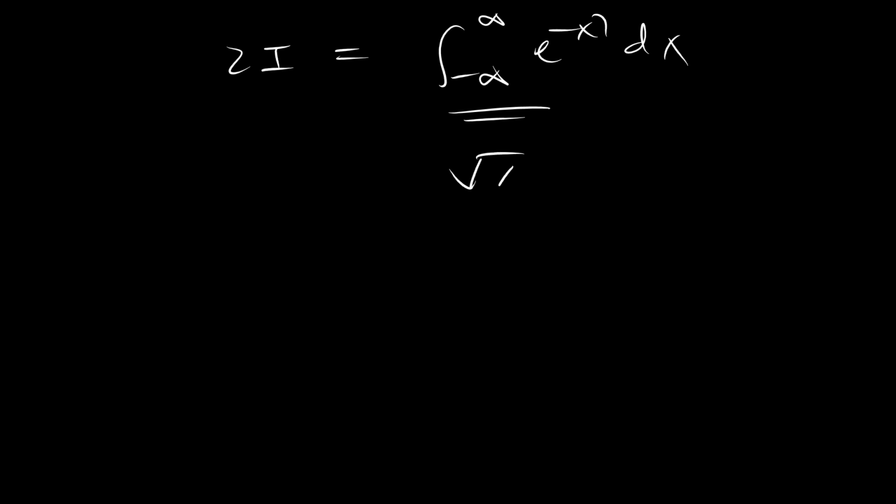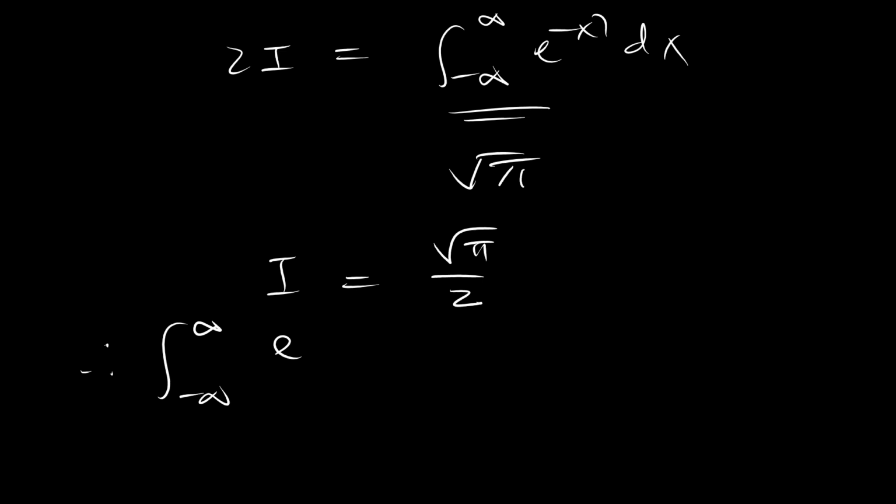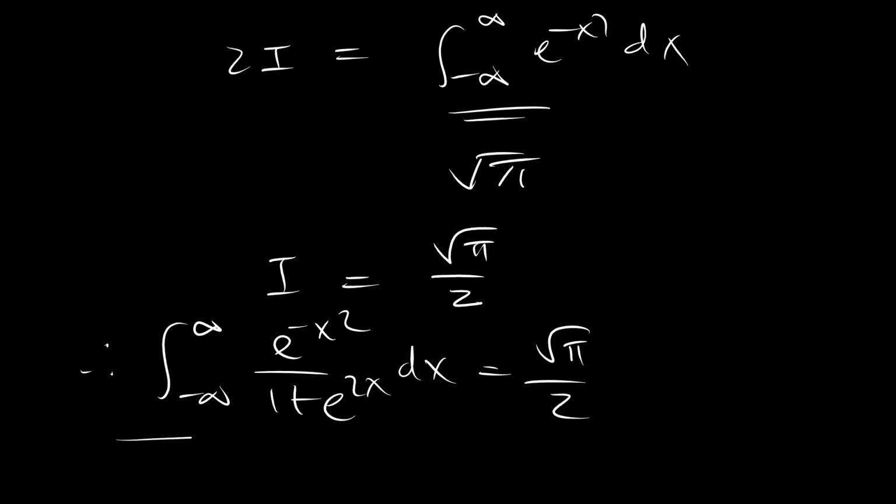So if our 2I is equal to, and this here is the same as root of pi, then I is equal to square root of pi over 2. And therefore, our initial integral is equal to root of pi over 2. That's our answer.